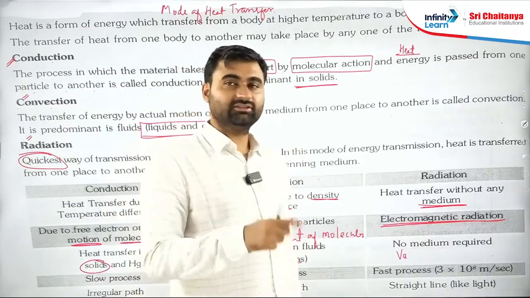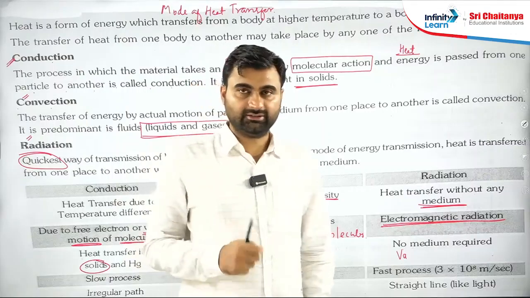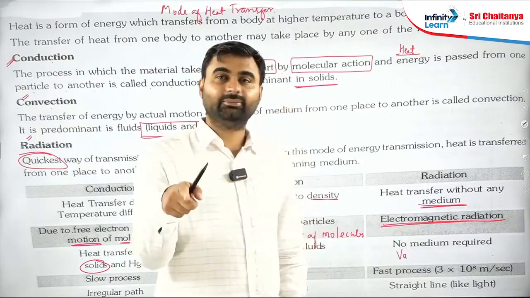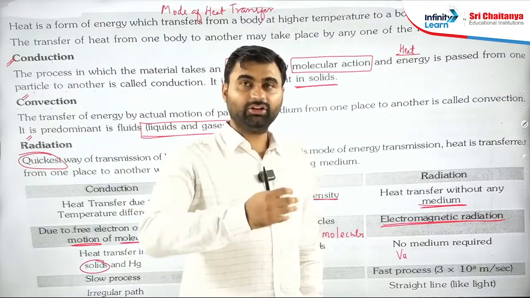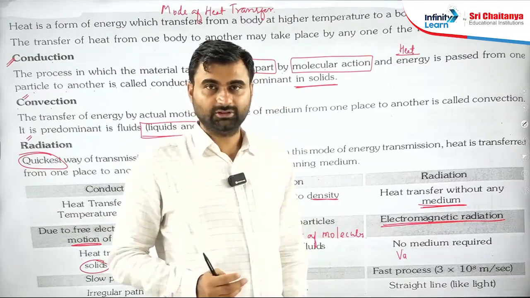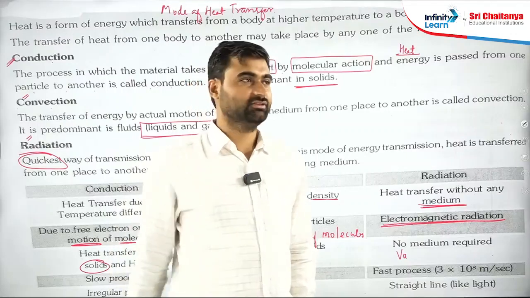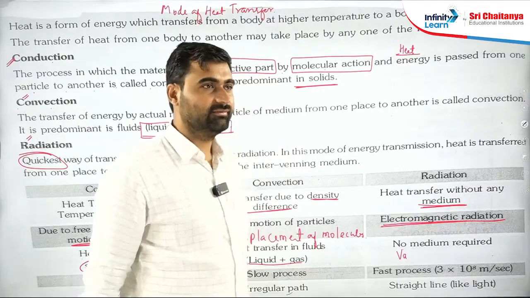Only inside the solid, heat transfer, then conduction. Inside the liquid only, heat transfer, then convection. And from one body to another body, whether it is solid, liquid or whatever, then radiation. Generally the other is the surrounding. Clear?